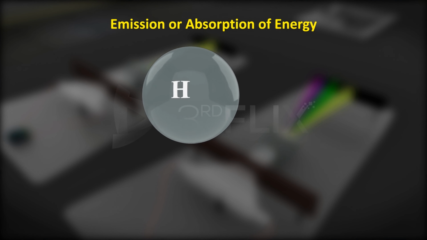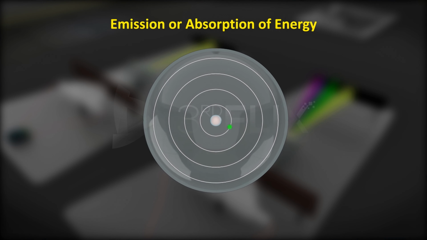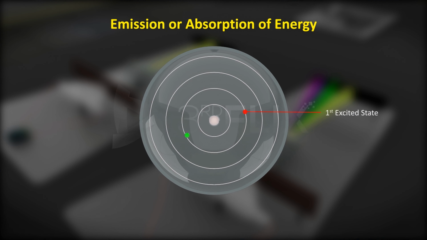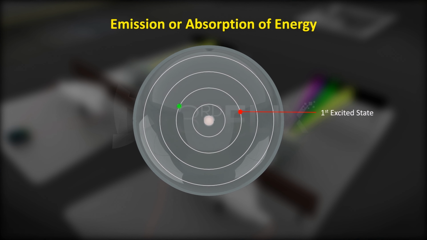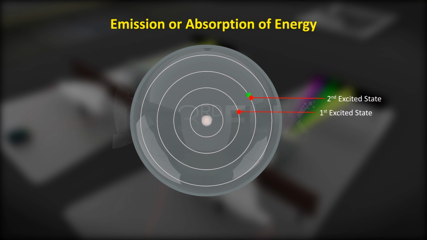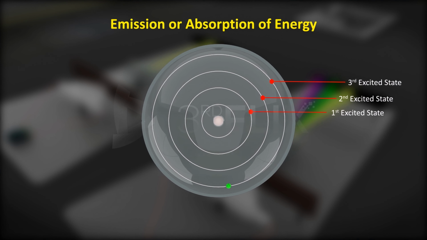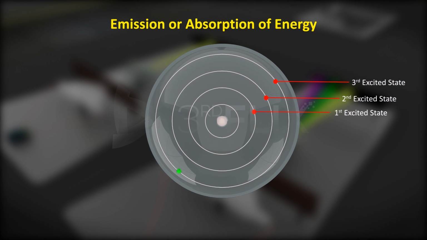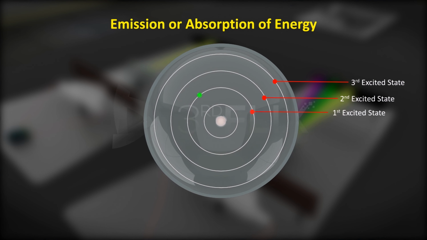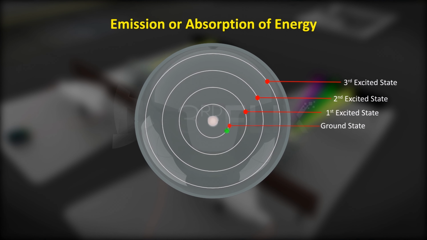When electromagnetic radiation interacts with matter, atoms, and molecules, they absorb some part of the radiation and go to a higher, unstable energy state called the excited state. As the atoms are unstable in their excited state, they tend to revert to the original state, called the ground state, by emitting the same amount of energy absorbed earlier.